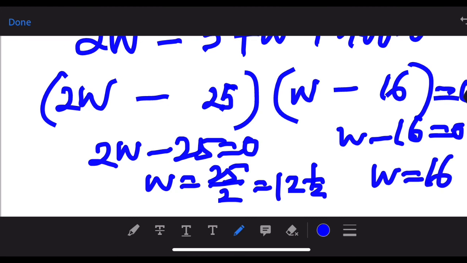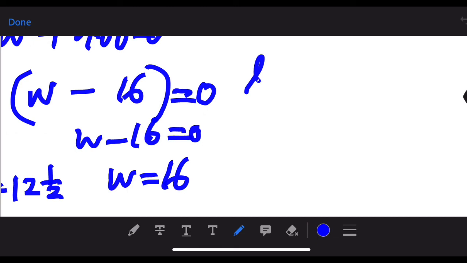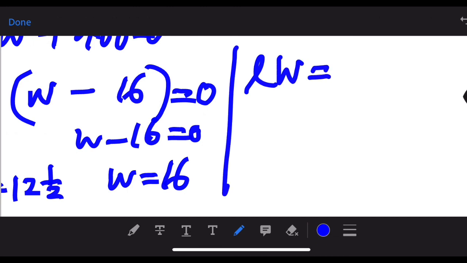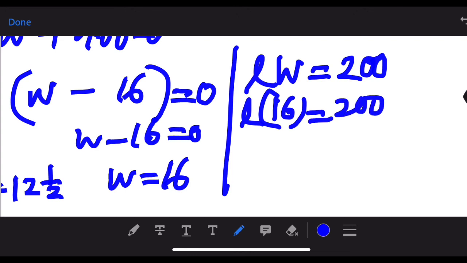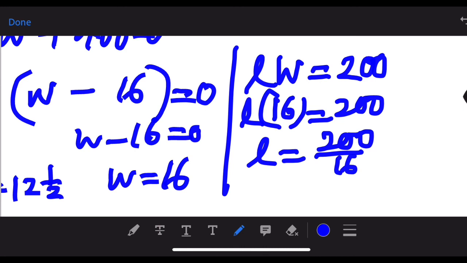So you have two possible answers. If LW is equal to 200, and W is 16, then L is 200 over 16, which is 12 and a half.